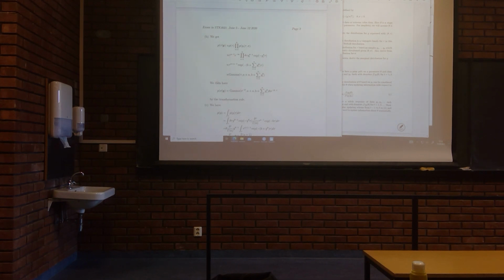Then we can use the transformation rule to go back to sigma and obtain that the posterior for sigma will be a gamma density times the part that comes from the transformation. The third part was to calculate the marginal distribution, and it's actually a typo here.